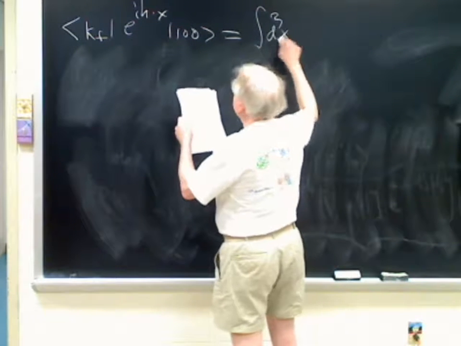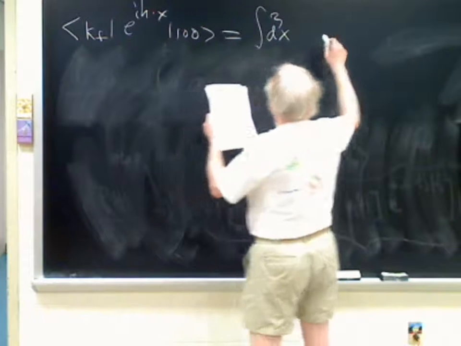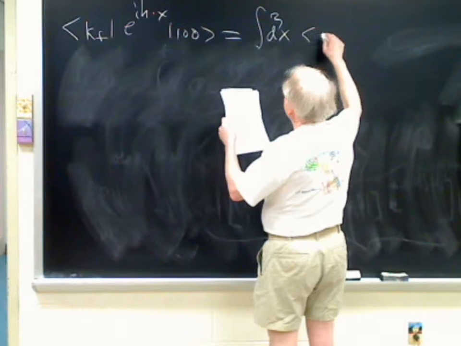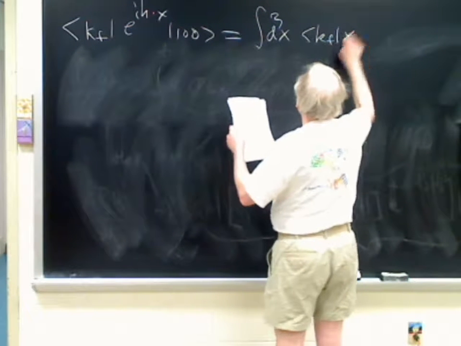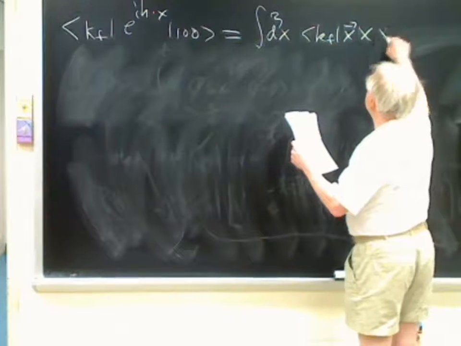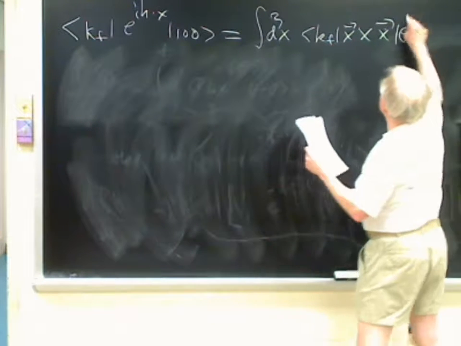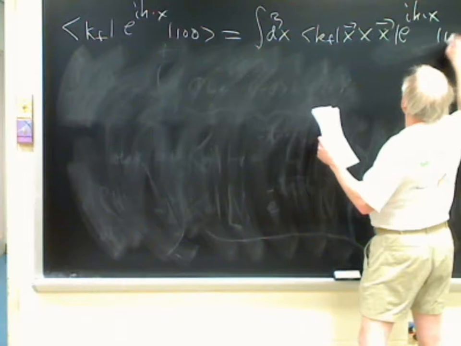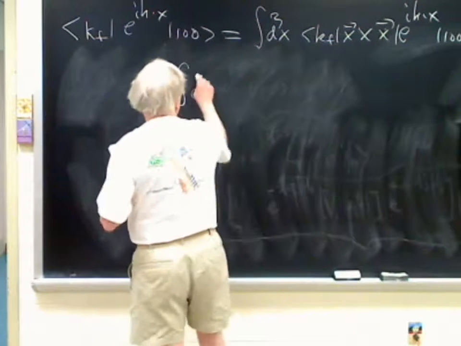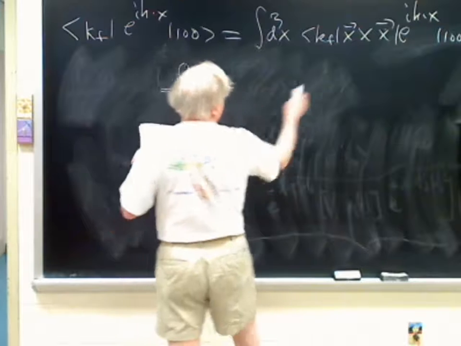What we're going to do is write that as an integral d cubed x, and then we're going to put in here kf. We're going to insert a complete set of x states, e to the i k dot x, 1 state 1, 0, 0. And so this is integral d cubed x.